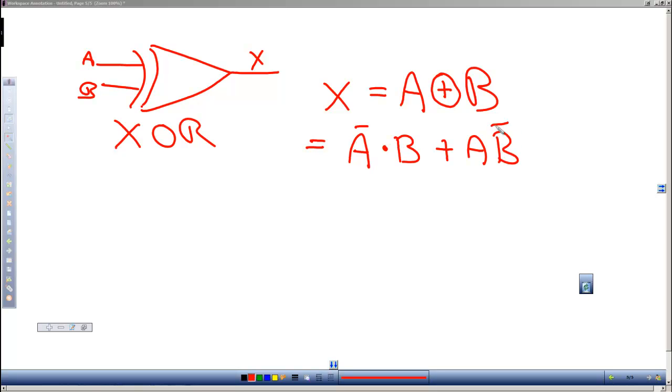I want you to notice that the NOT is not across the whole equation. The NOT is just over the A, or it is just over the B. It's not over both. So that would be the Boolean expression for an exclusive OR.